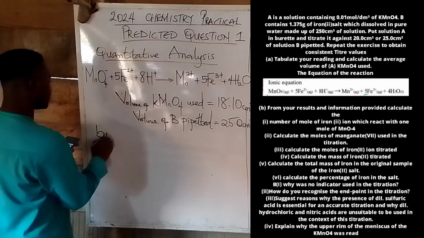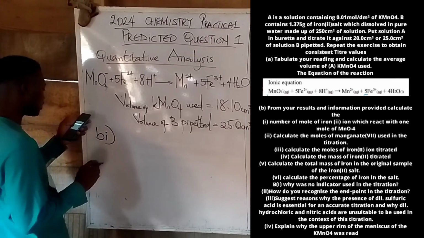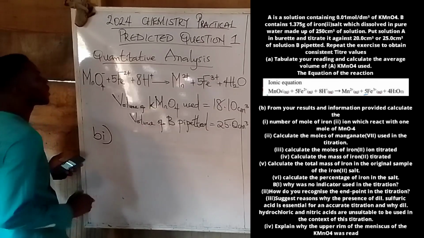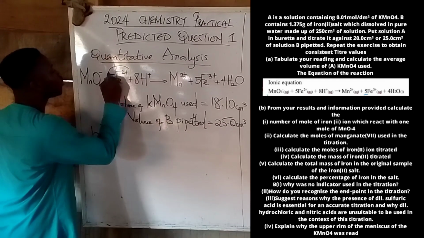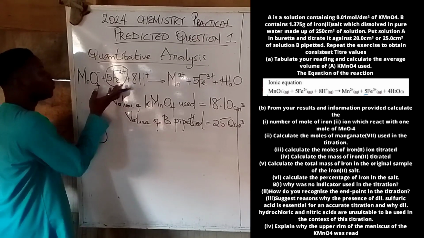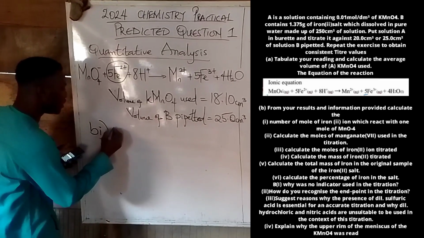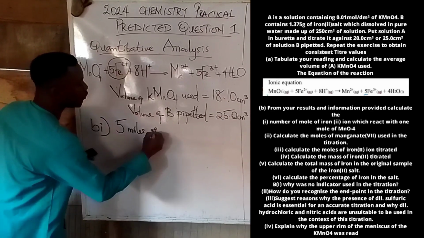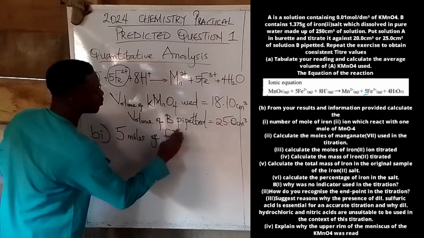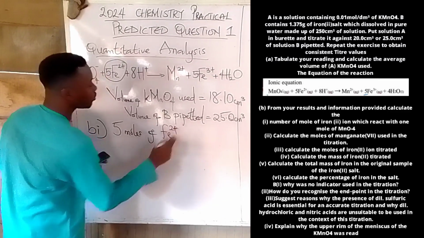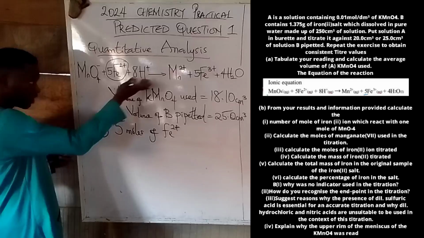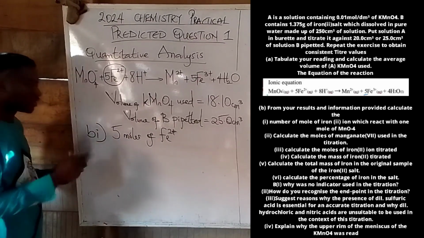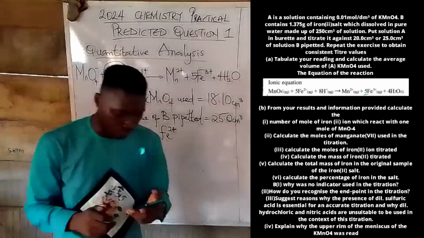In as much as our equation has this, you don't need to panic. This is just your answer. The answer is 5 moles of Fe2+. Very simple. Can you see the answer? It's just 5 moles. You can see from the equation by yourself that we have 5 moles for just 1 mole of this.